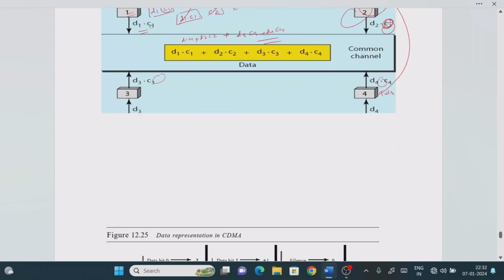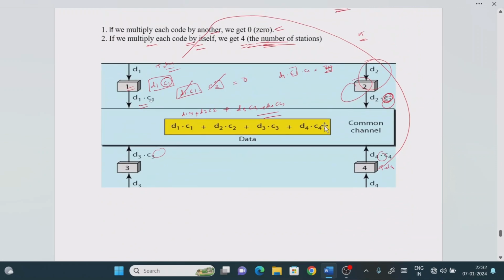Now, for example, the question is: the common channel is used by all the stations, right? Suppose station 4 wants to listen to or hear the station 1 data. The entire information we have, D2 C2, D3 C3, is going to be sent over the same common medium.